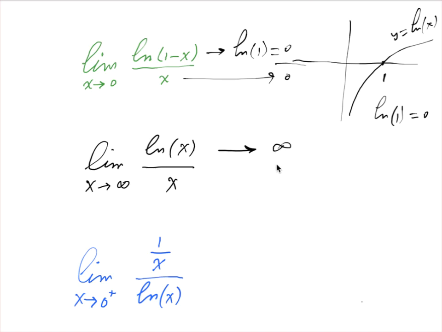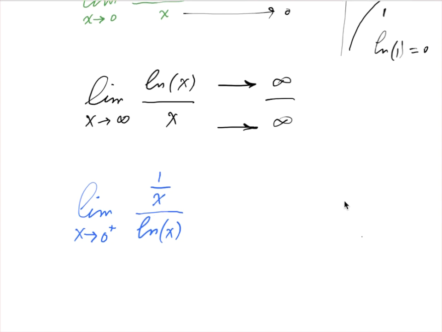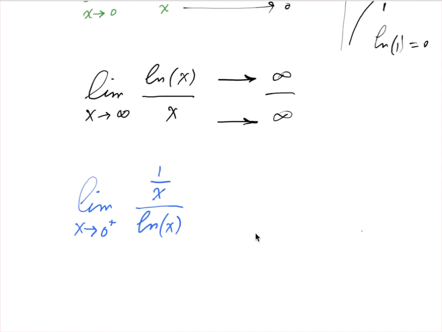As far as the type is concerned, the rate doesn't matter, but to get the actual answer, the rates do matter. We will see. It's still infinity over infinity, and one of those two types, 0 over 0 and infinity over infinity, are the two types we apply L'Hopital's rule to. There are other types of limits which we consider in this lesson, and we reduce them to these two types.